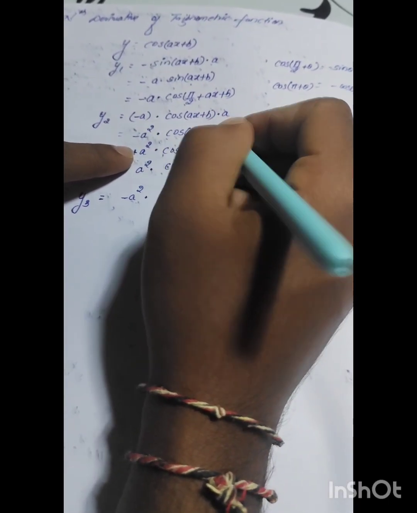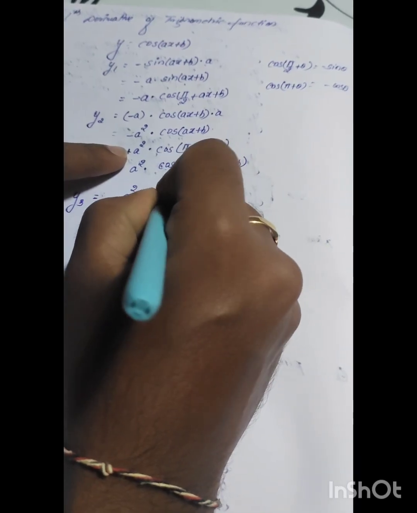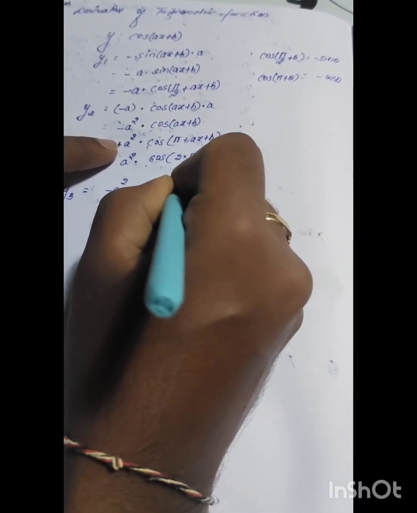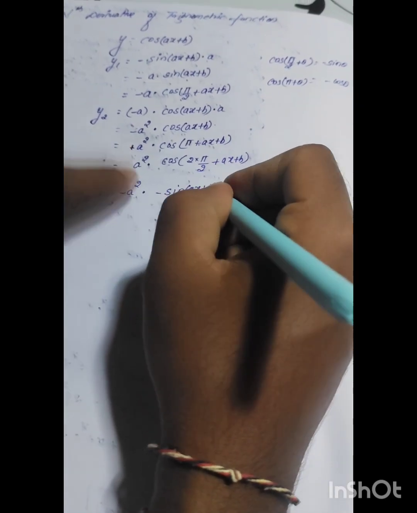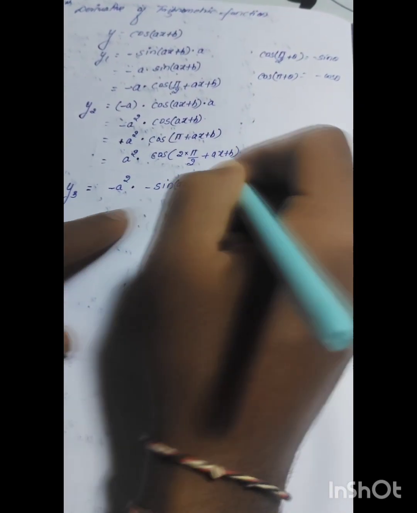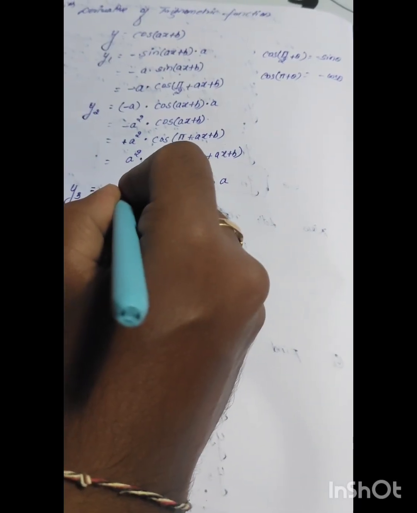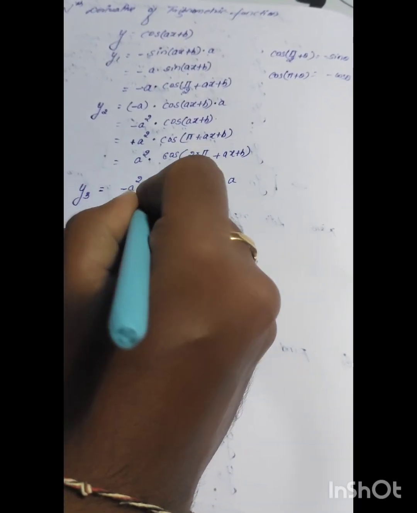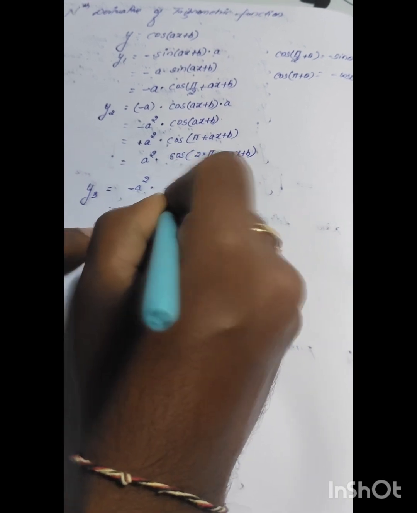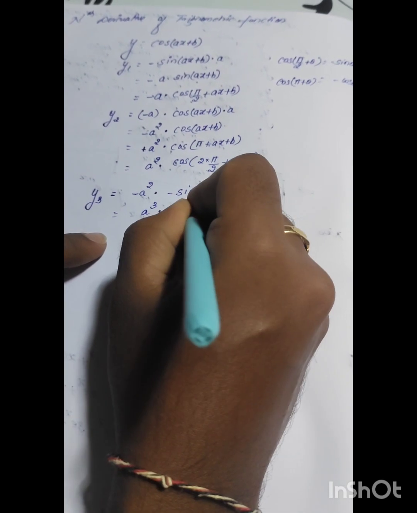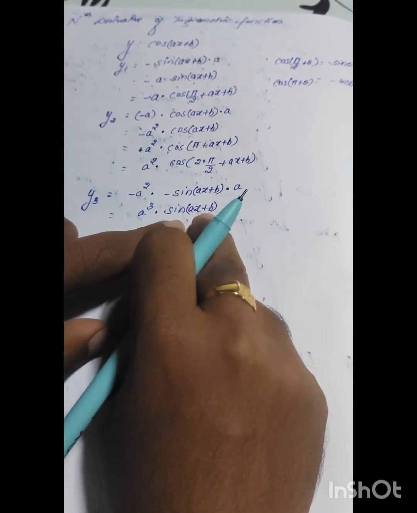Cos of ax plus b is minus sine of ax plus b, right, into the derivative of ax, that is a. So minus into minus will make it plus, a square into a, that will be a cube into sine of ax plus b.